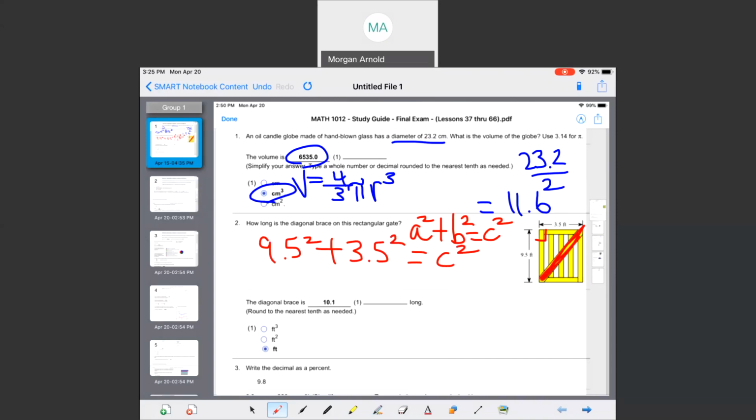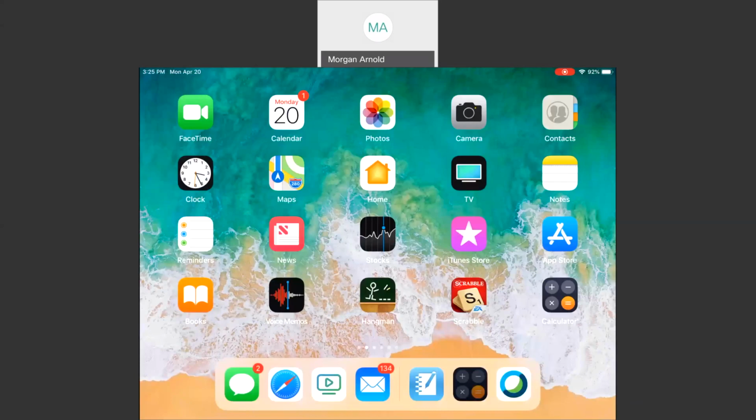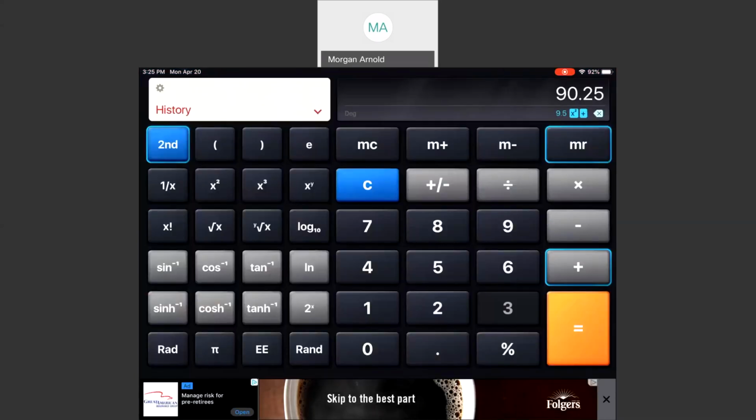Now, according to order of operations, you do the exponents first before adding. So let me switch to my calculator. 9.5 squared plus 3.5 squared.